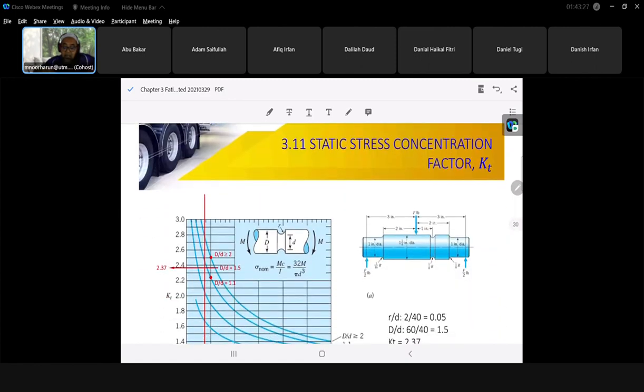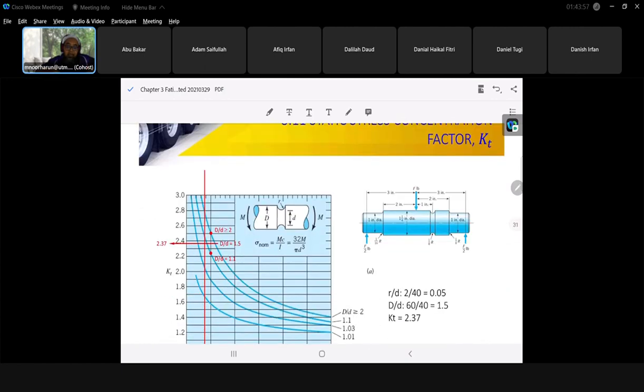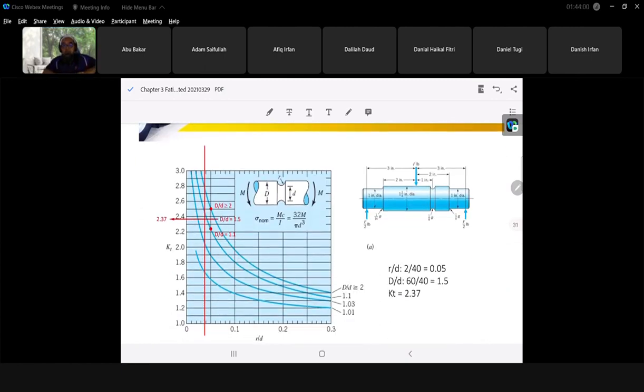Next is KT. What is KT, class? Static stress concentration factor. Earlier was the notch, this is the static stress concentration factor. For KT, where do you look?